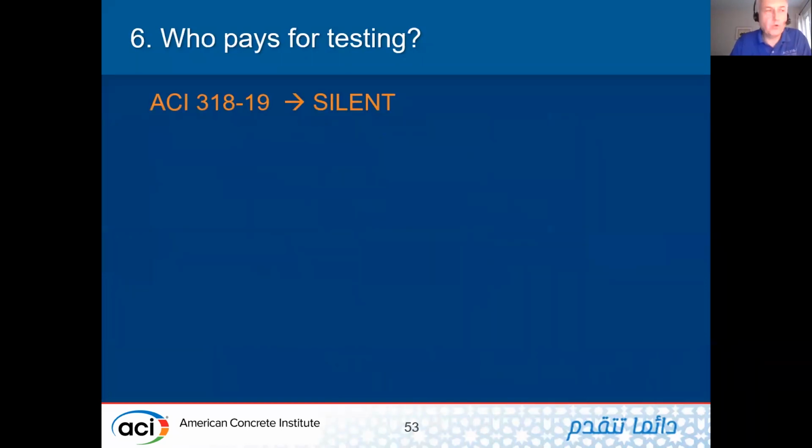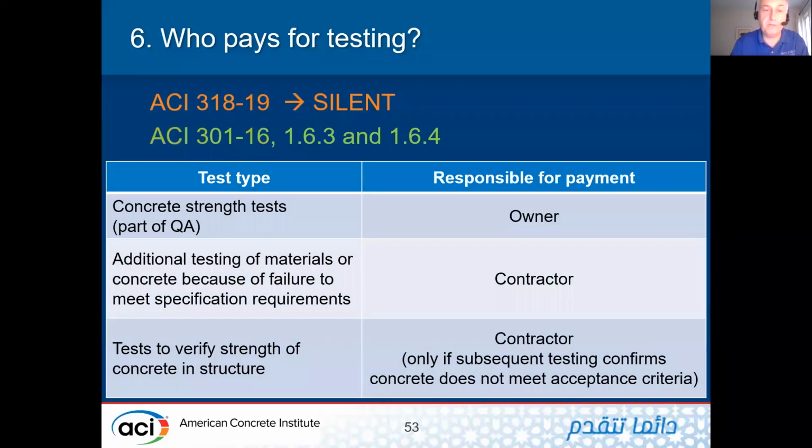So the question is about the payment, because once you are there, it's oftentimes who pays for the additional testing. ACI 318 is silent, there's nothing about that. ACI 301, however, if it is specified, there is some language in 163 and 164, and it says that the concrete strength test, which is part of the QA, quality assurance, is paid by the owner.